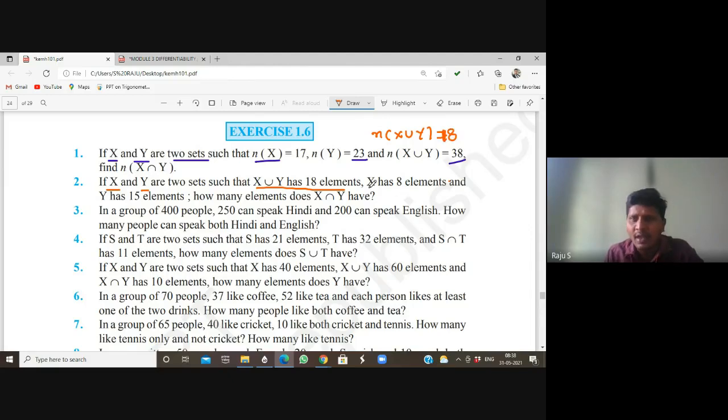Then X has 8 elements, that is nothing but n of X is 8. n of Y is equal to 15. Again, what is the question? How many elements does X intersection Y have?